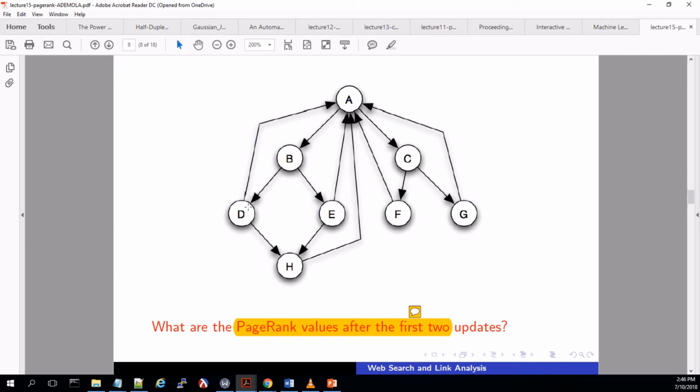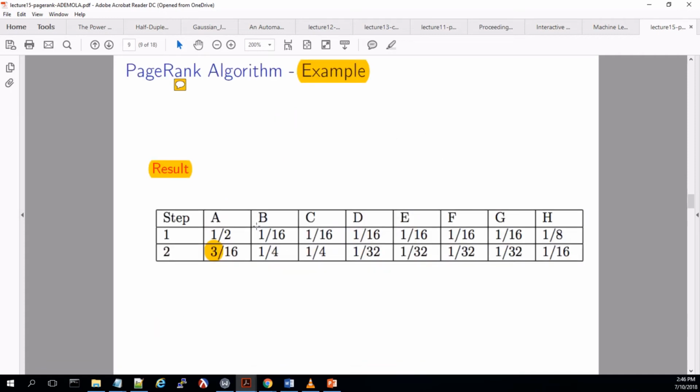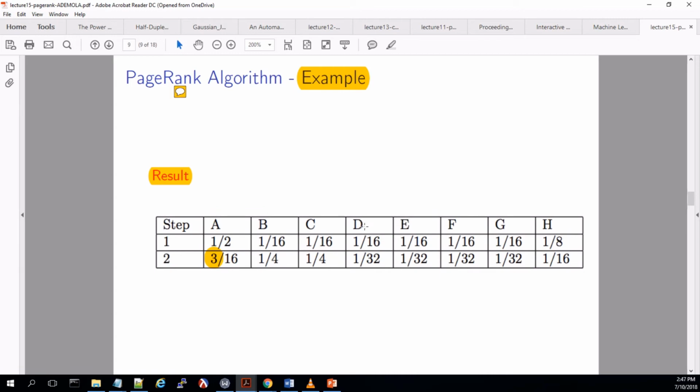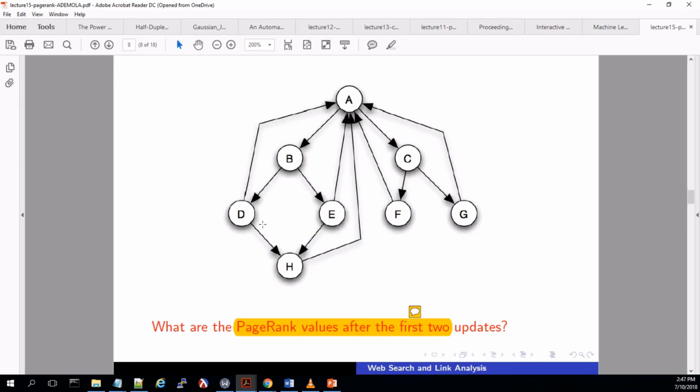And so the rank of D initially, remember again, you are not going to use this 1/16. You will use the initial one, which is 1/8. So it will be 1/8 divided by the out degree of D. So D is pointing to 2. So that is 1/8 divided by 2, that is 1/16.